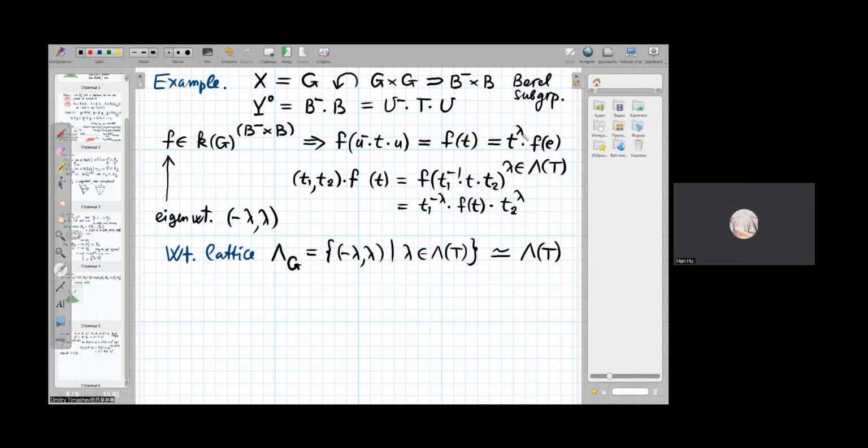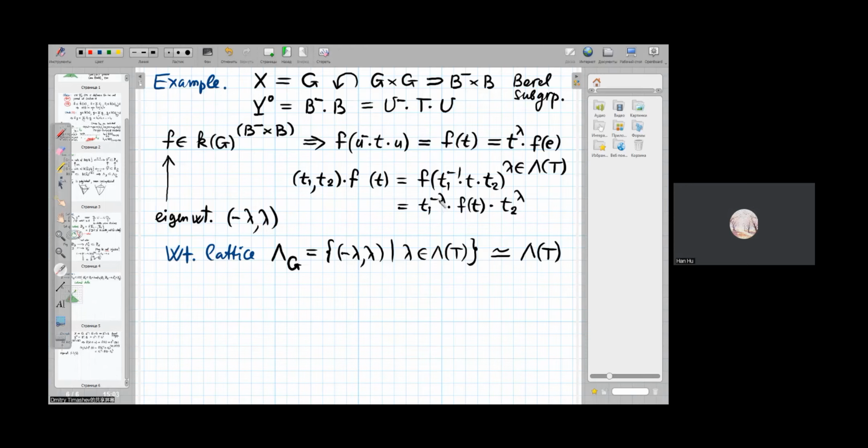Okay, so this lambda comes, for instance, you may consider here t acting on the right on the point e. So you take f at the point e, at the identity point, and act by t on the right. This means you multiply by t inverse. But when you act on a function, you multiply by t inverse, and you get t here.